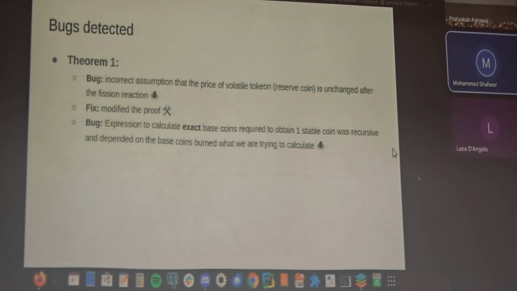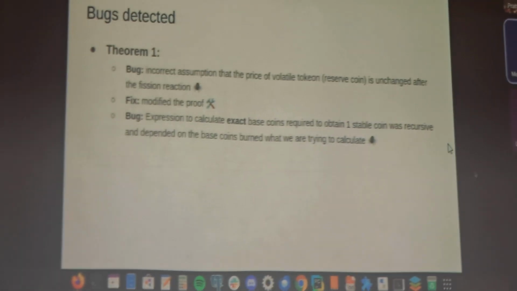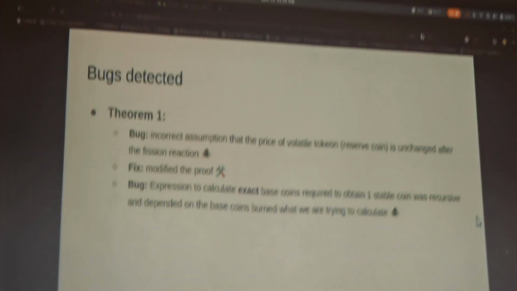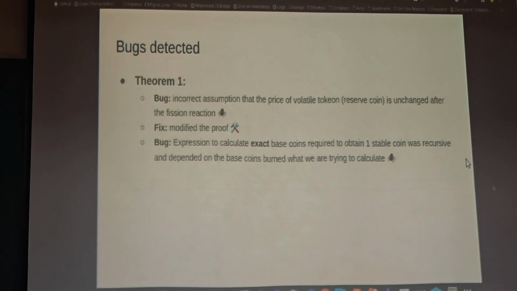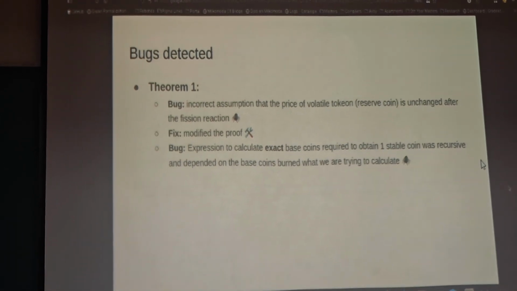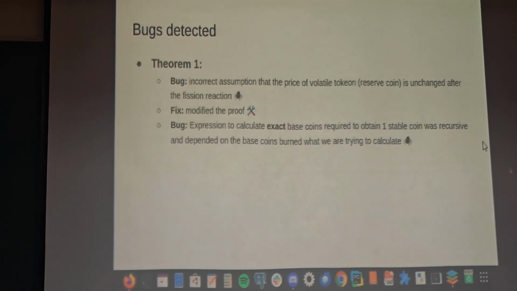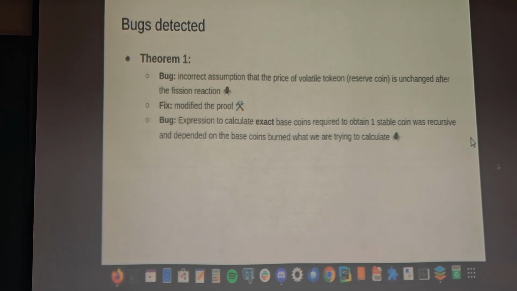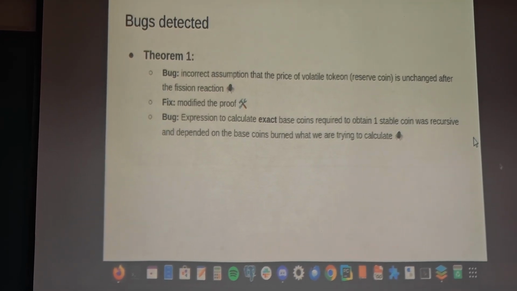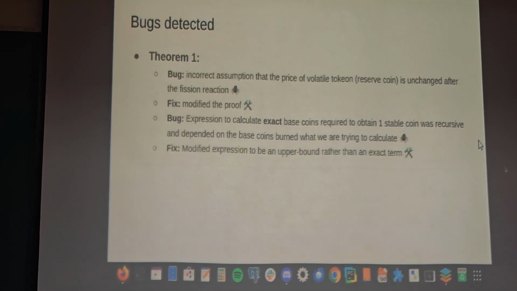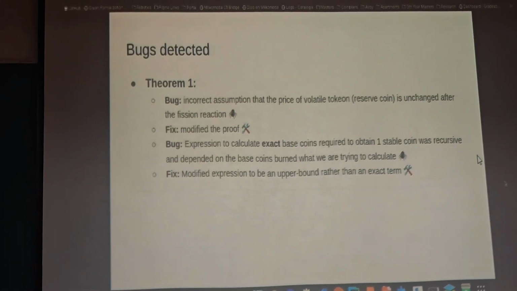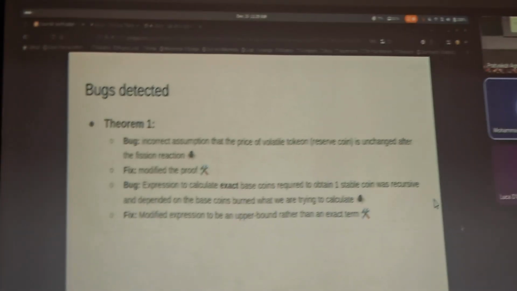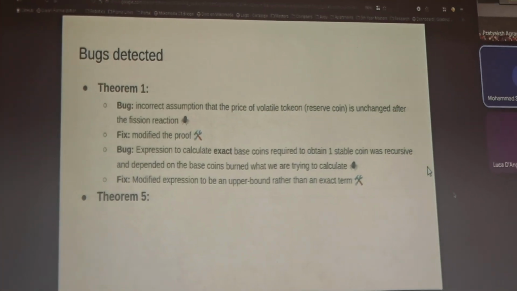First of all, we were trying to find an exact expression, but this expression was sort of recursive because it depended on the base coins burned, what we were trying to calculate in the first place. So it was hard to come up with the proof and formalize it as well because of this recursive nature. So the fix was we modified the expression to be an upper bound rather than an exact term, and we fixed the formalization through that as well.